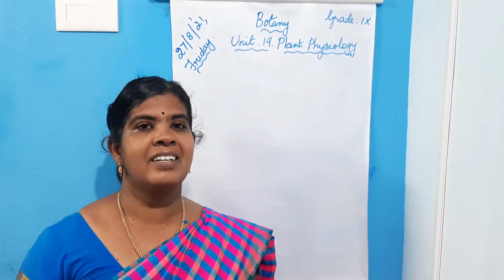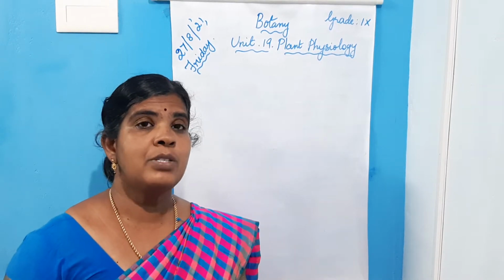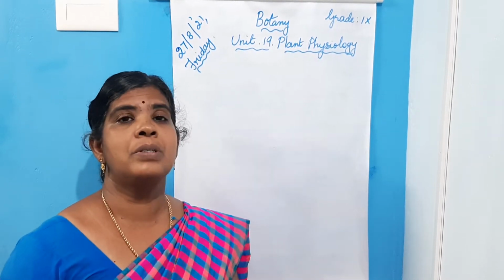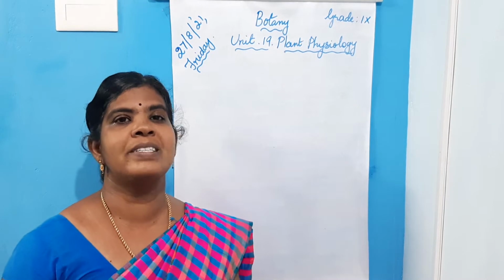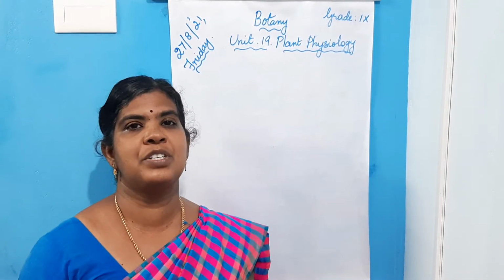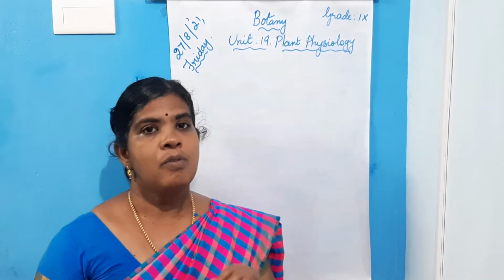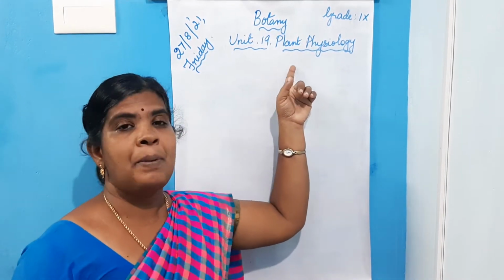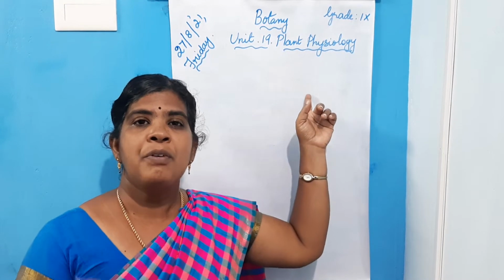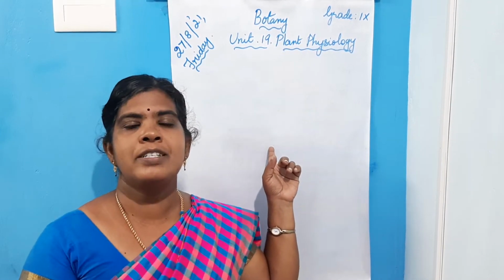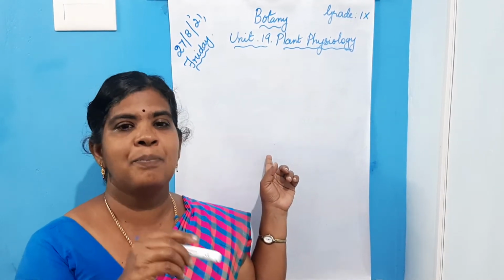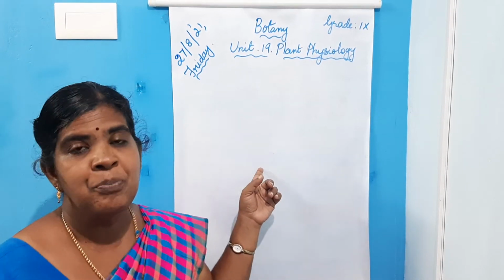In the previous unit, we all learned about the types of plant tissues and types of cell division in plants. Today, what we are going to learn is plant physiology. Before entering into the unit, you must know what plant physiology is.